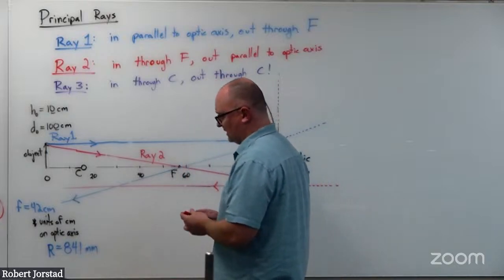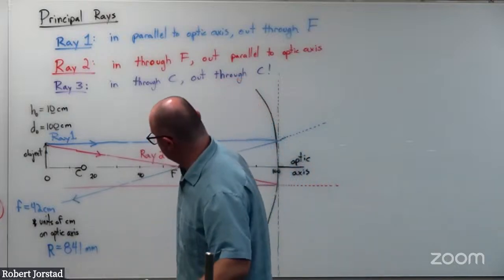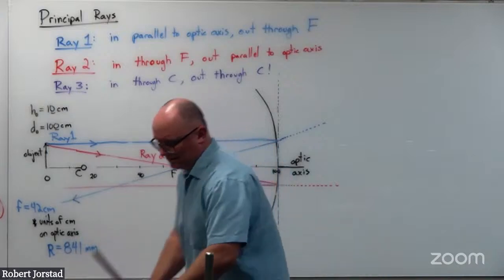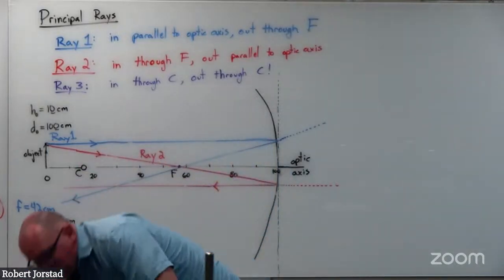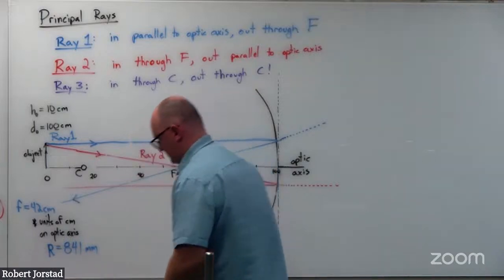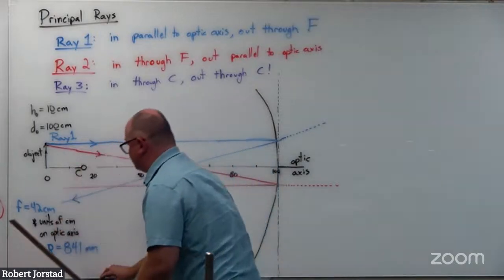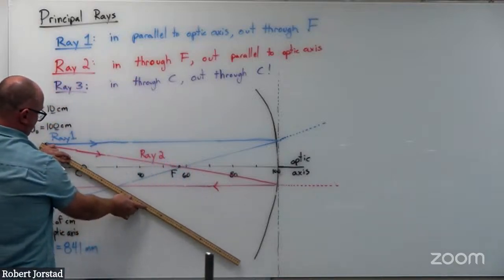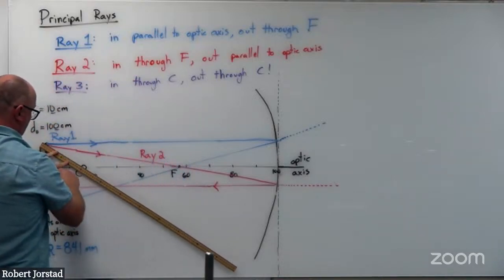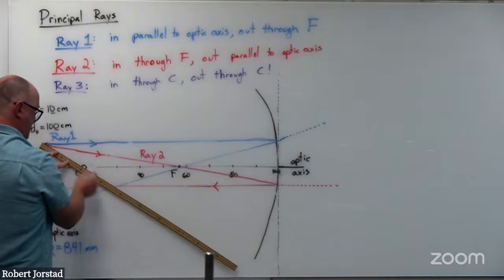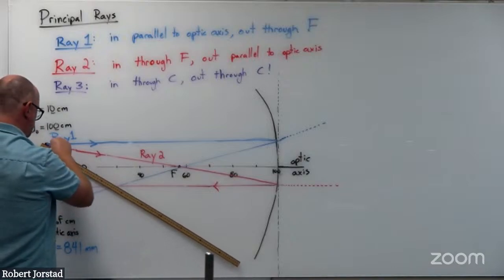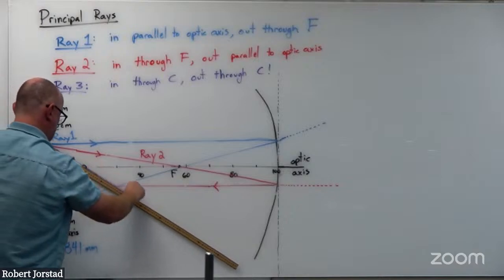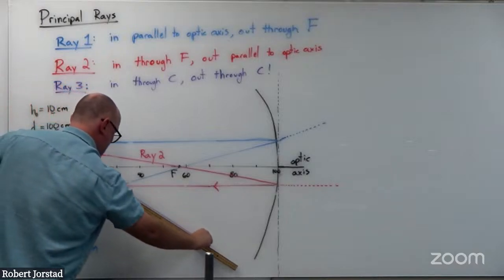And now the last ray, this is kind of a fun one. You really only need 2 rays to find the image, but I think you'll see why I like to do the third ray. Jeez, I keep dropping stuff. In through the center, out through the center. Kind of got lucky here.